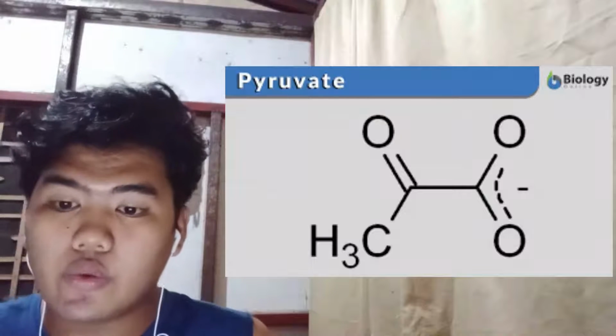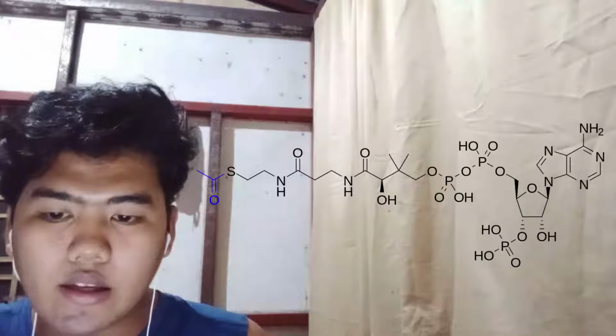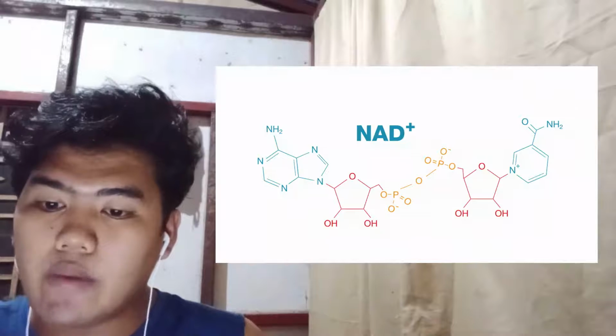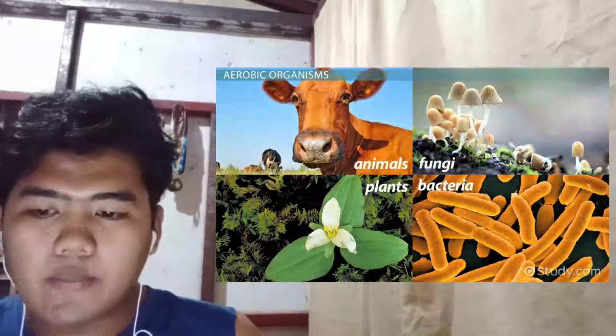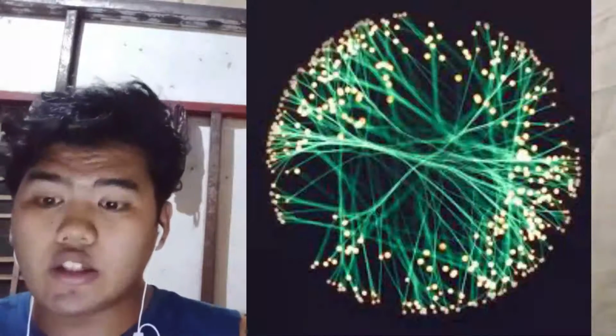In the conversion of pyruvate to acetyl-CoA, each pyruvate molecule loses 1 carbon atom with the release of carbon dioxide. During the breakdown of pyruvate, electrons are transferred to NAD+ to produce NADH, which will be used by the cell to produce ATP.